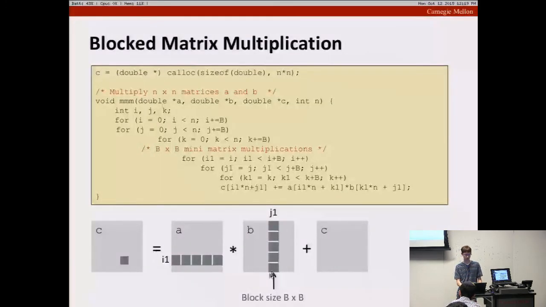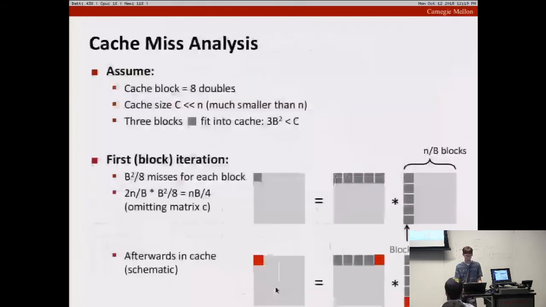Okay. So the idea is that we're taking these blocks in the rows of A and the blocks as the columns of B. And what we're going to do is calculate the product of everything in a block before we move on and calculate the next block. So afterwards in the cache, let's see. We're going to load up this whole first block here.